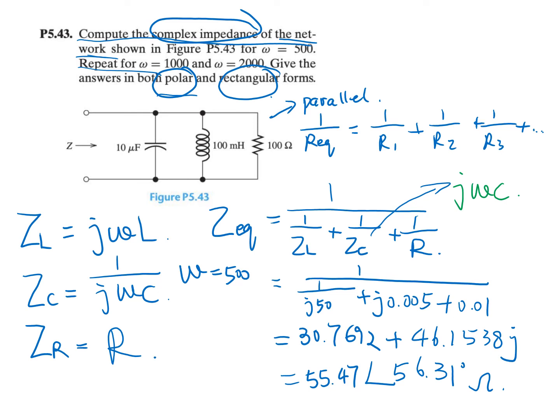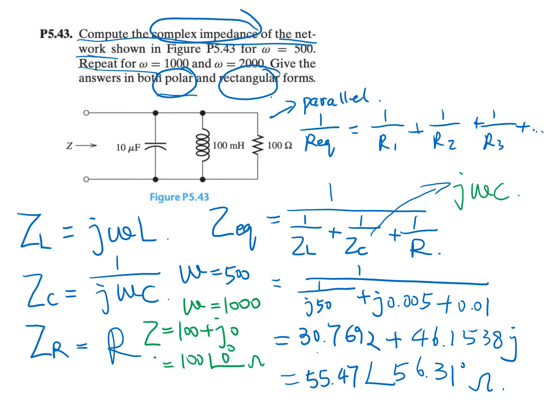Similarly, when omega is equal to 1000, you substitute in the values and the simplified expression, you can get Z as 100 plus J0, that is 100 angle of 0 degrees ohm.